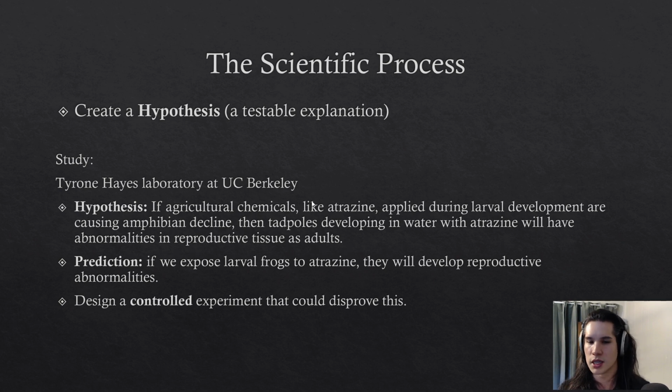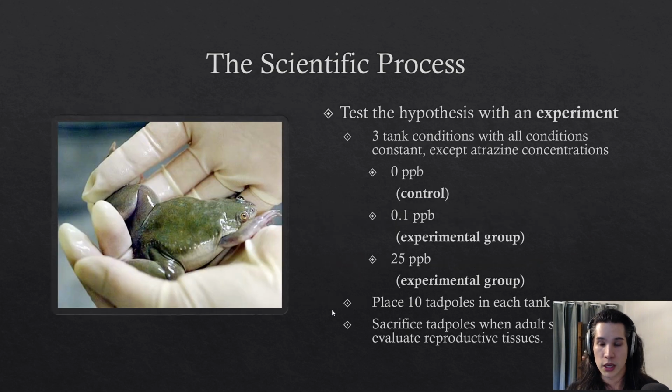He pretty much just said that if atrazine is causing this global decline, then if I throw tadpoles into some water with atrazine, they're going to show reproductive abnormalities. And so his prediction was if we expose larval frogs to atrazine, they will develop reproductive abnormalities. So he designed a controlled experiment that could potentially disprove his hypothesis.